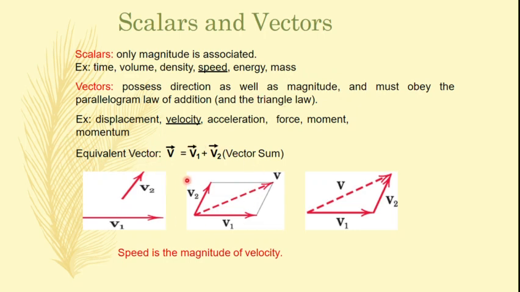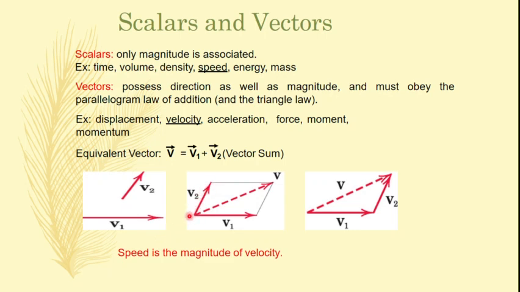Now, in case of addition of two vectors, we can use this parallelogram law or this triangle law. If v1 is a vector and v2 is another vector, to add these two vectors, we can use this parallelogram law or this triangle law. In this parallelogram law, suppose this one is your v1, the one vector, and v2 is another vector.